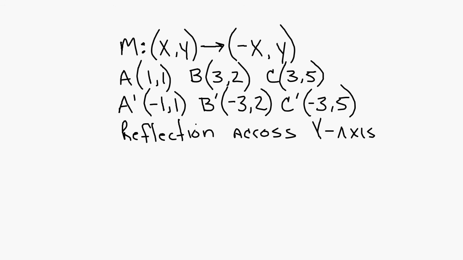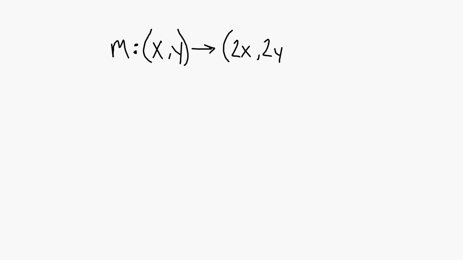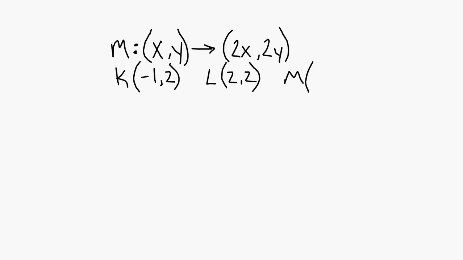All right, let's do one more. Top of page 217, example D. The rule is for every (x, y), we're going to transform it to (2x, 2y). K is at -1, 2. L is at 2, 2. And M is at 1, 3.